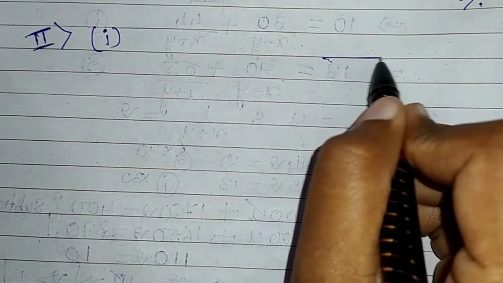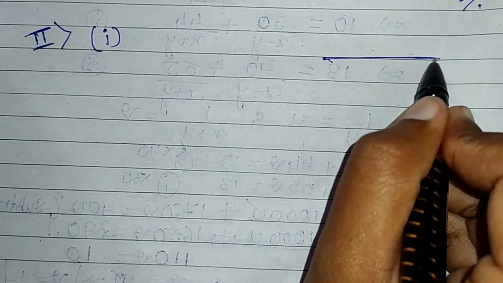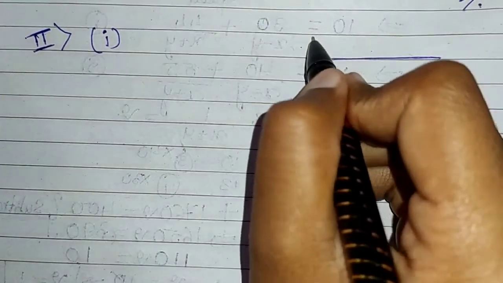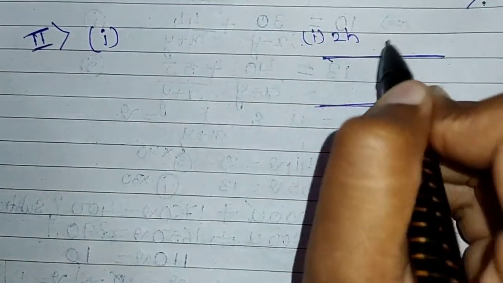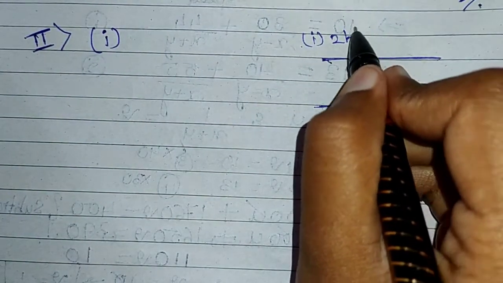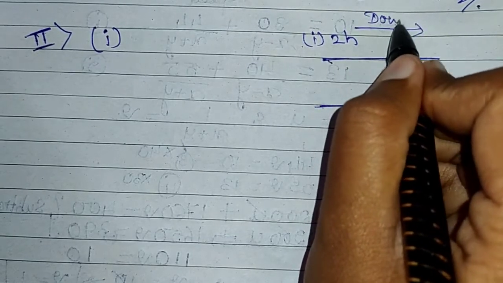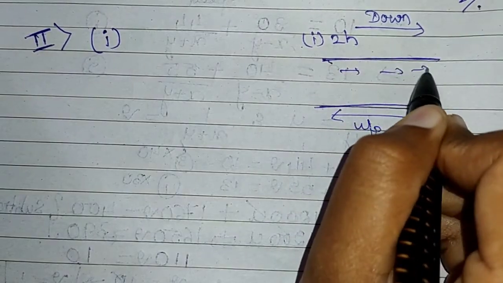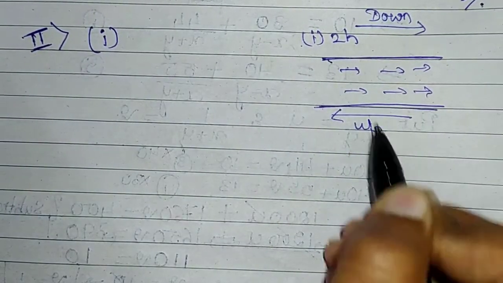So here once again, similar to the problem which we saw just now, in the first 2 hours she is going downstream. So if this is down and this is up, Ritu is rowing a boat.